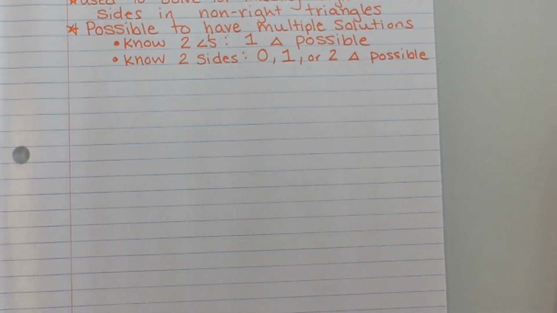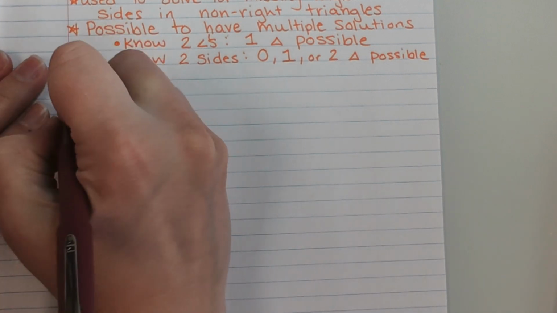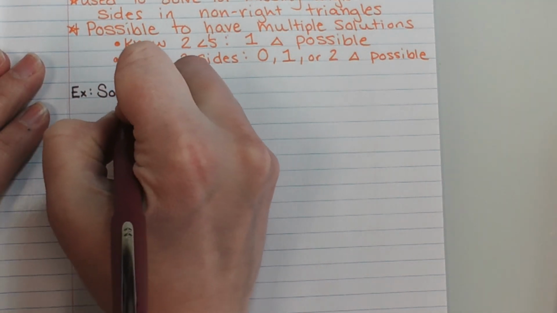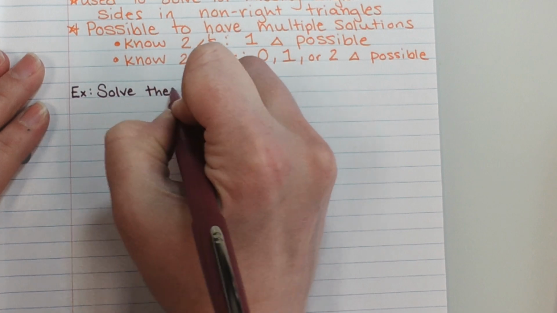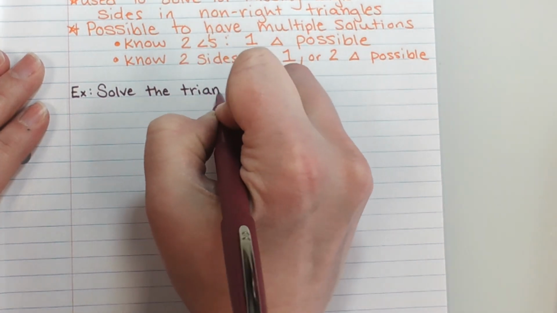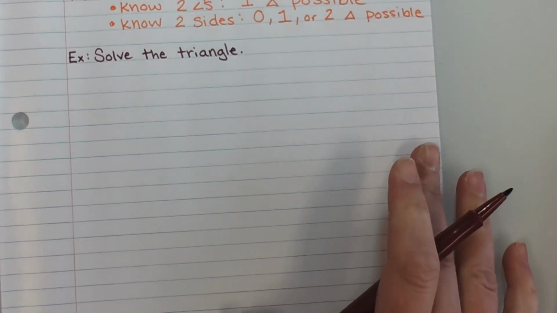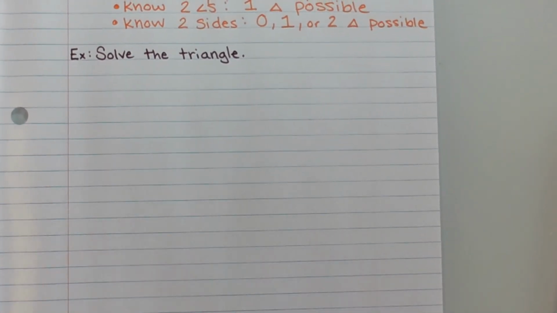So, today, the examples are going to ask you to solve the triangle. Note it didn't say solve for a missing piece of the triangle. It said solve the triangle, which means find all missing pieces.